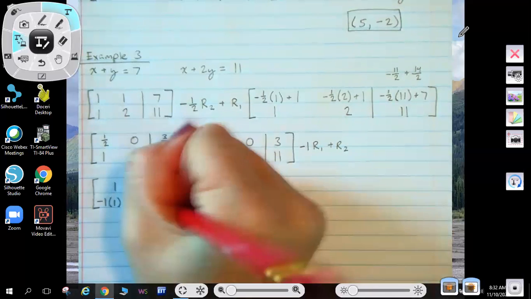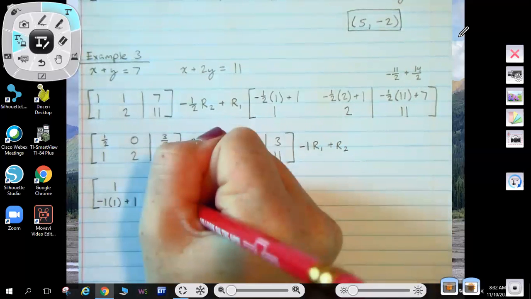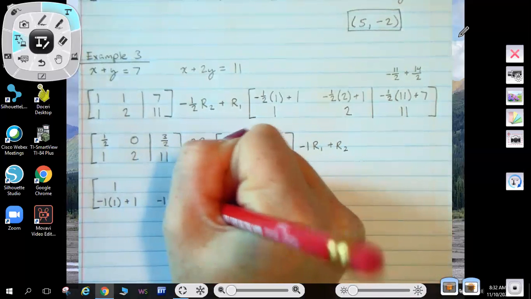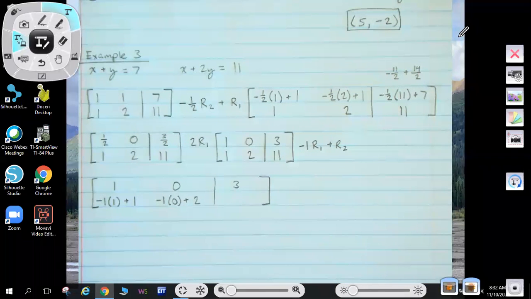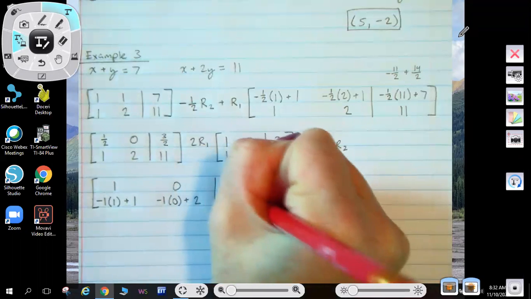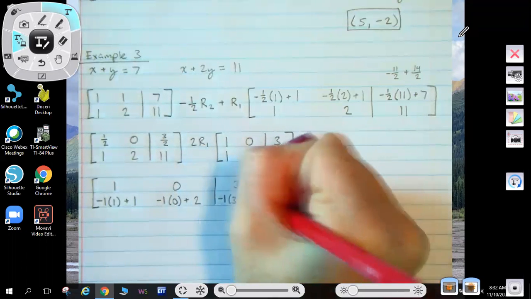Second spot, we have -1 times row 1, which is 0, plus row 2, which is 2. Third spot, -1 times row 1, which is 3, plus row 2, which was 11.